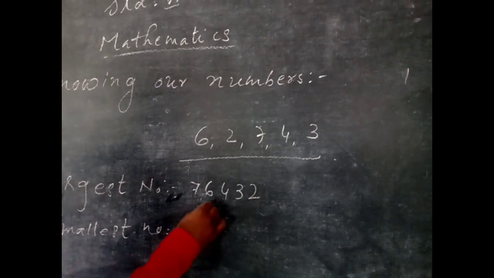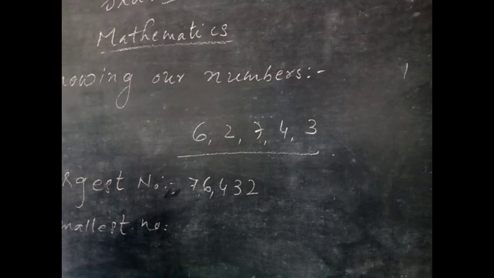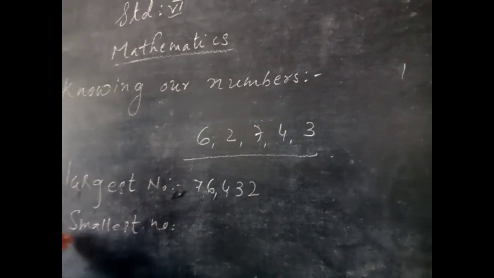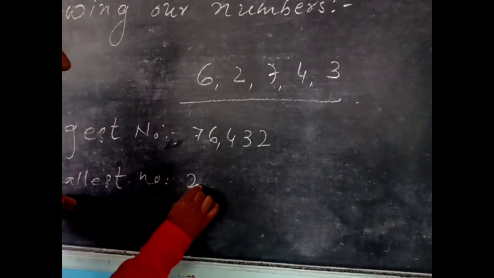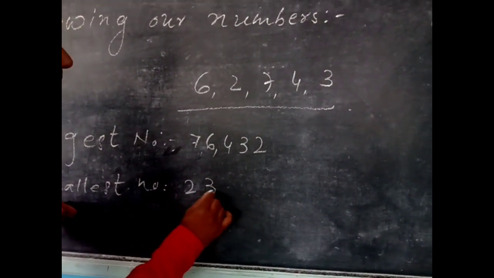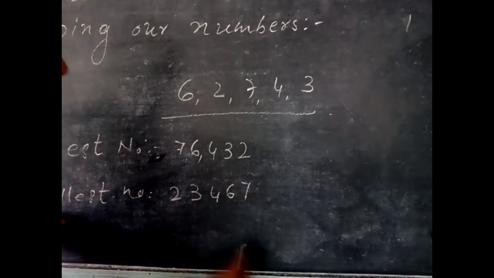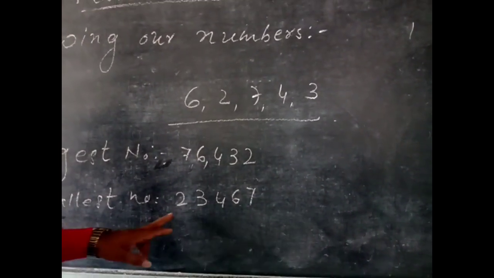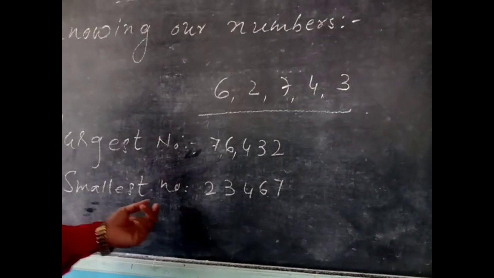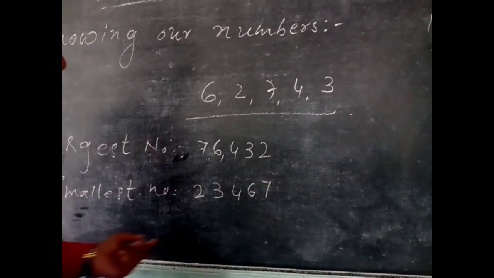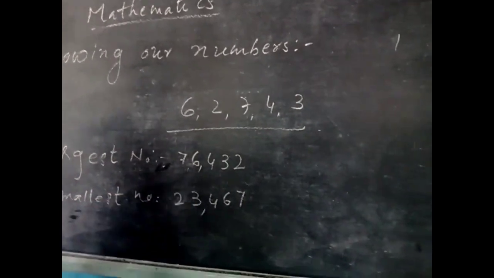So 76,432 becomes the largest number from the given digits. Now we have to make the smallest, so we move from the small digits. 2, 3, 4, 6 and 7 are the digits by which we get the smallest number. So which is the smallest number? 23,467.